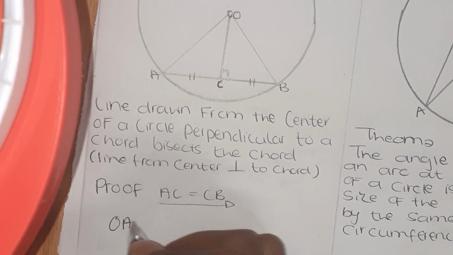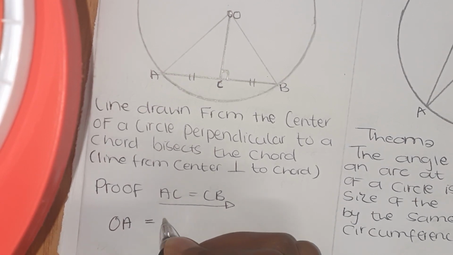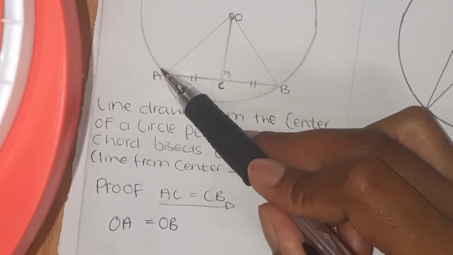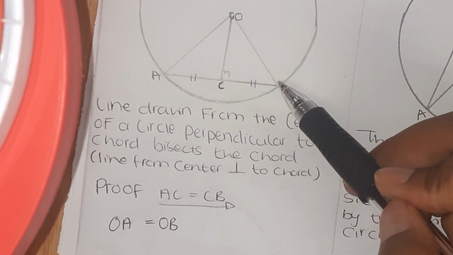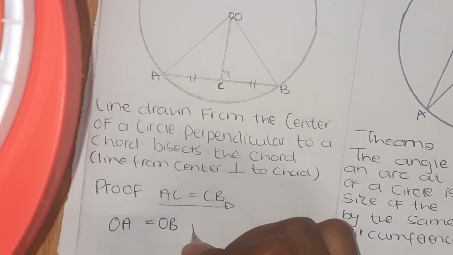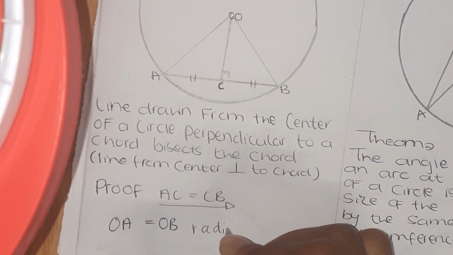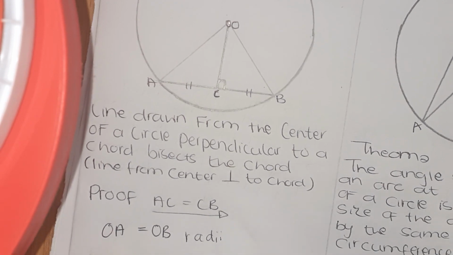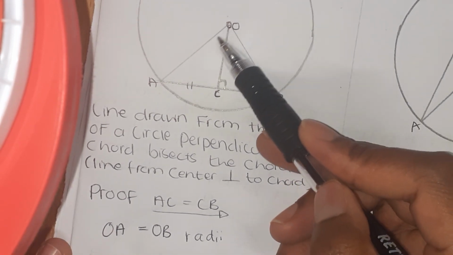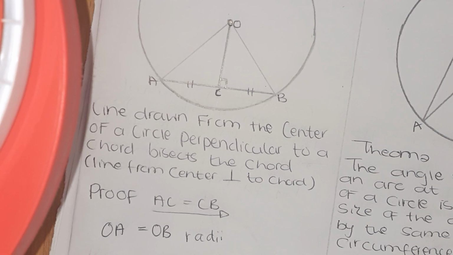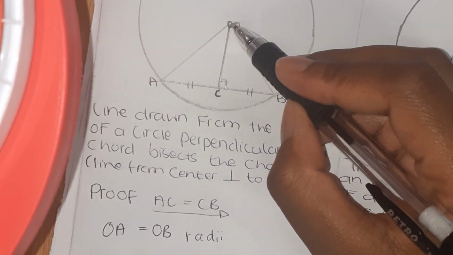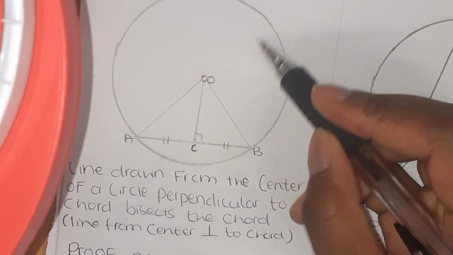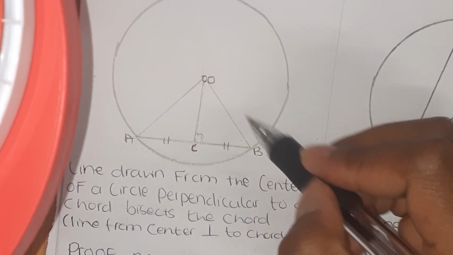So the first thing that I am going to do is say OA equals to OB. This is OA equals to OB, and the reason is radii, which is radius. Those things are called radius. They are drawn from center to the circumference. So any line drawn, even if you draw it from here going that side, would still be the same length as this one, because this is the center.